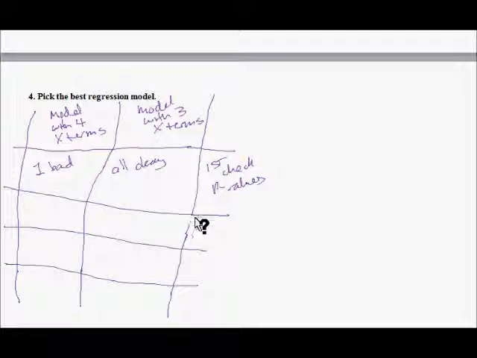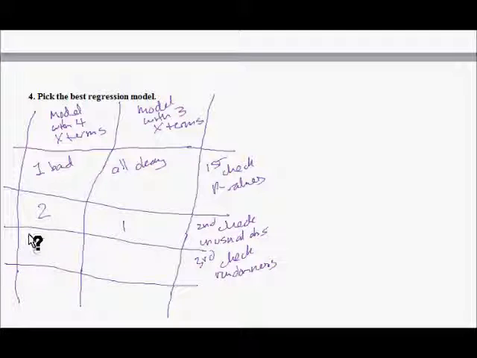With the second check, which was unusual observations, here we had 2, here we had 1. With the third check, randomness, they're both okay.